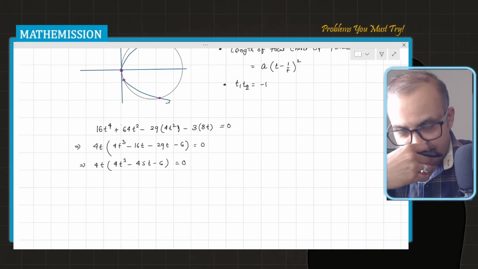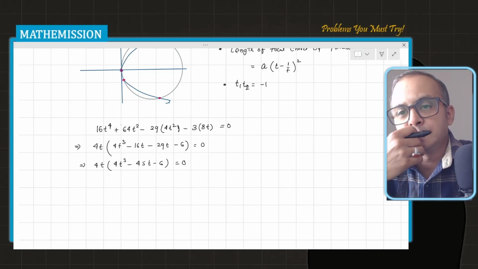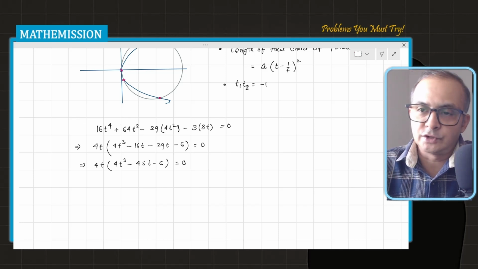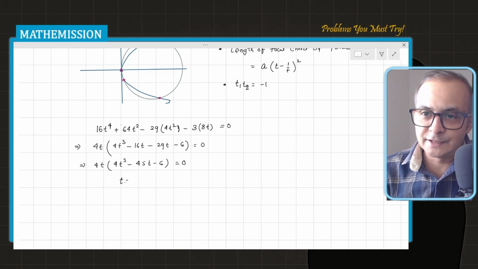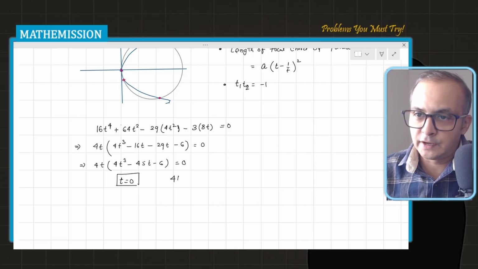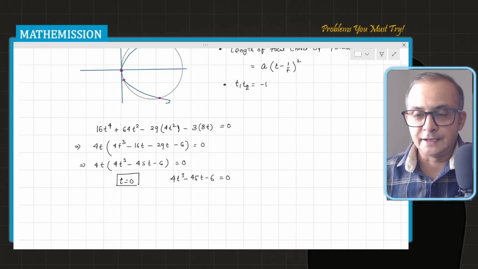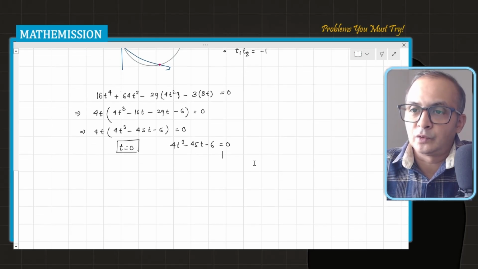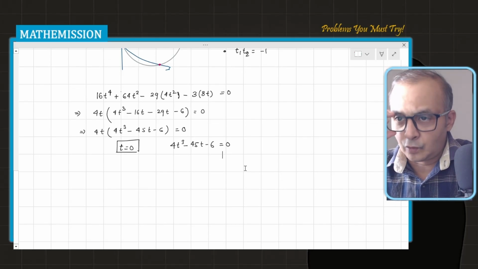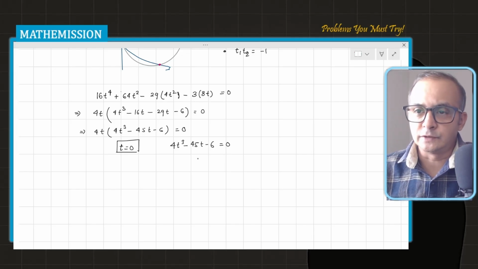Once we get this, we will try to solve this equation. Here t is equal to 0 we know. Now we have to evaluate 4t cubed minus 45t minus 6 for t. What are the solutions of this cubic equation?